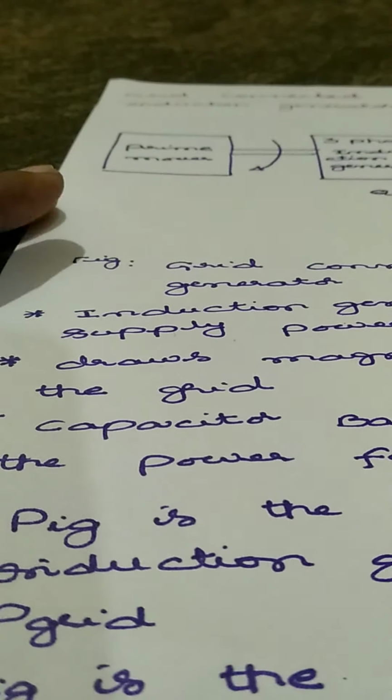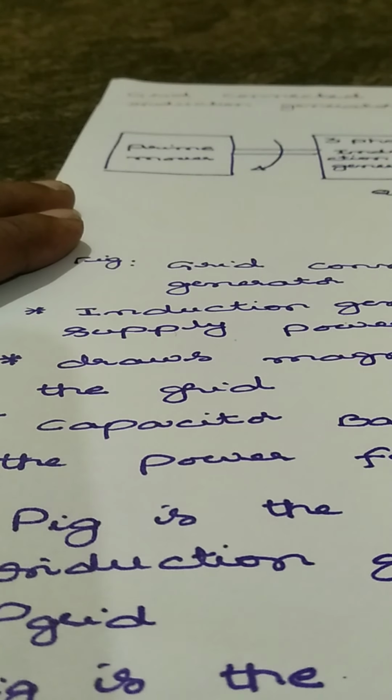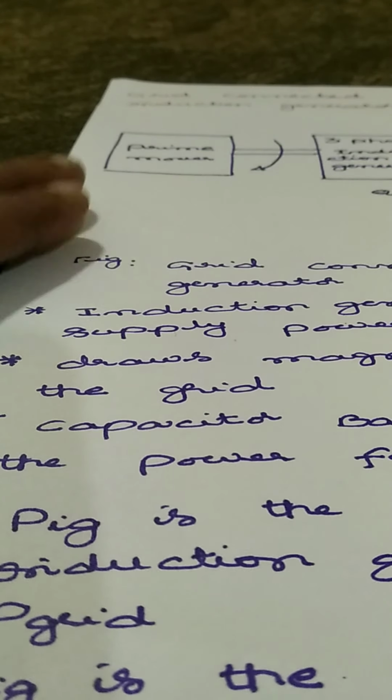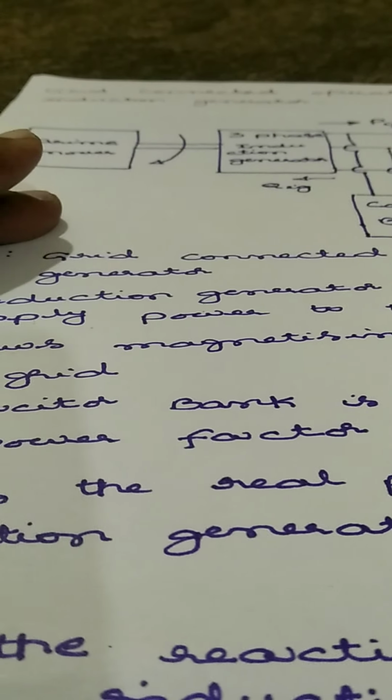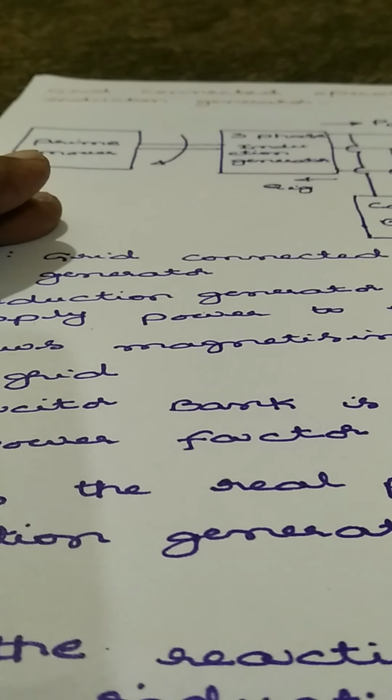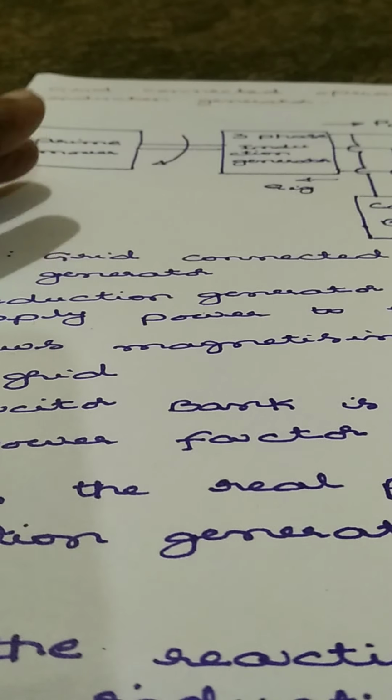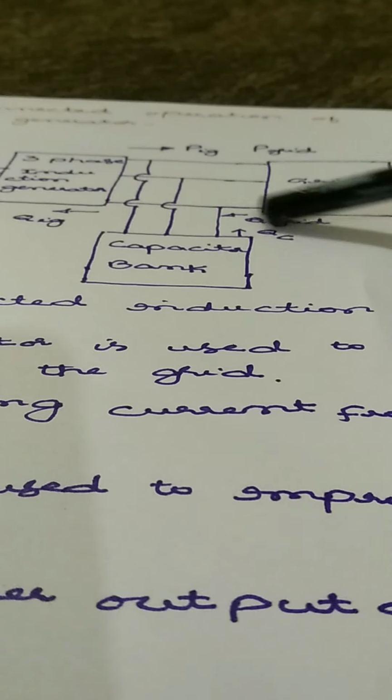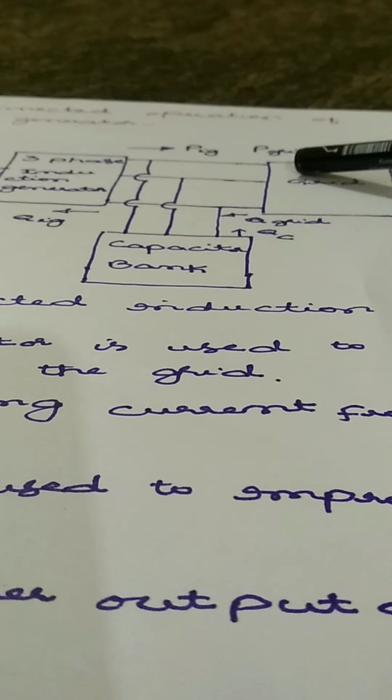Here P_IG is the real power produced by the induction generator, and P_grid is the real power fed to the grid.